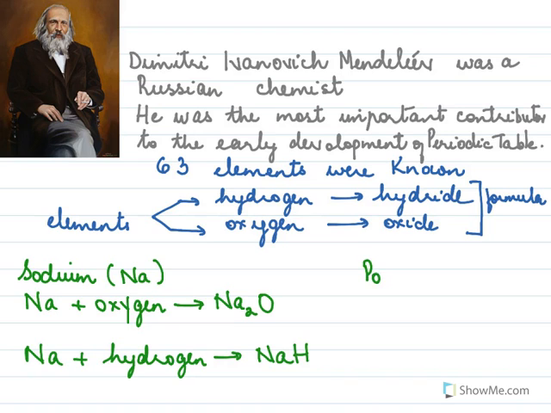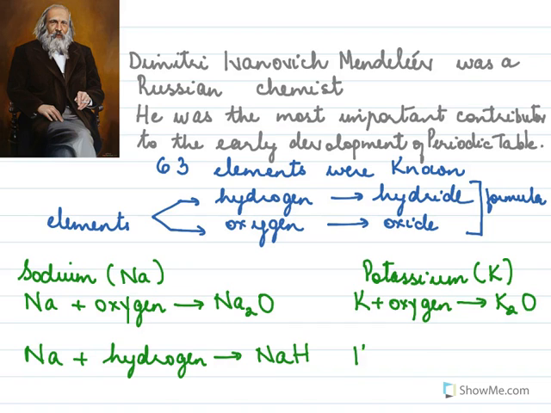Similarly, when you take potassium, symbol K, and when potassium combines with oxygen, you get K2O, potassium oxide. And when potassium combines with hydrogen, you get a similar KH.